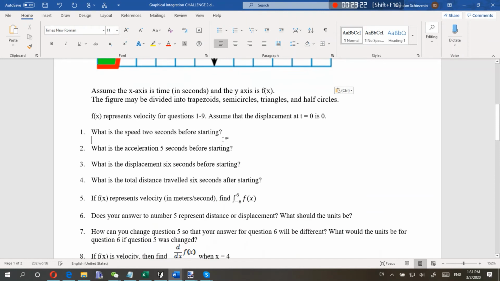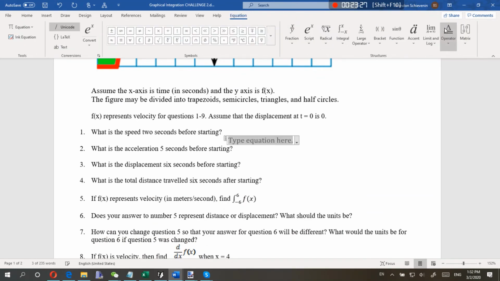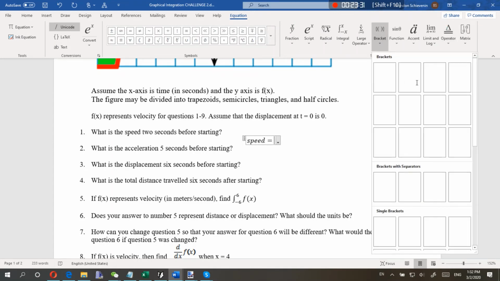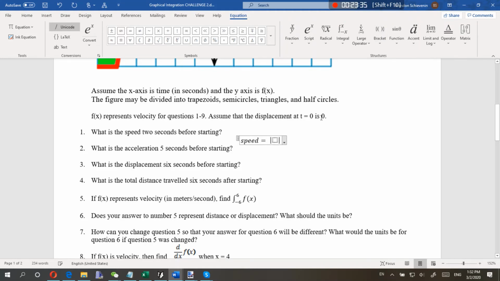So this is the absolute value of 2. Or we could say speed is the absolute value of velocity. Or 2 in our case.